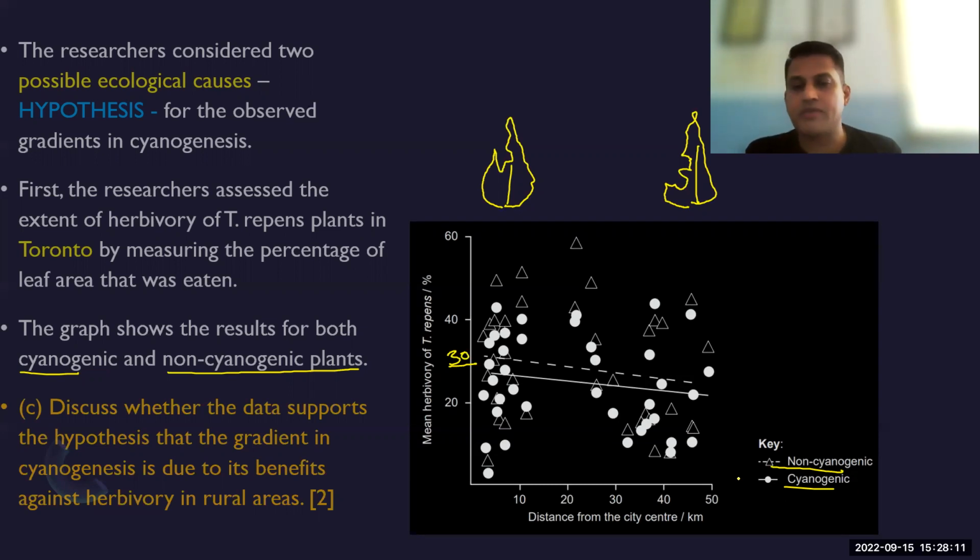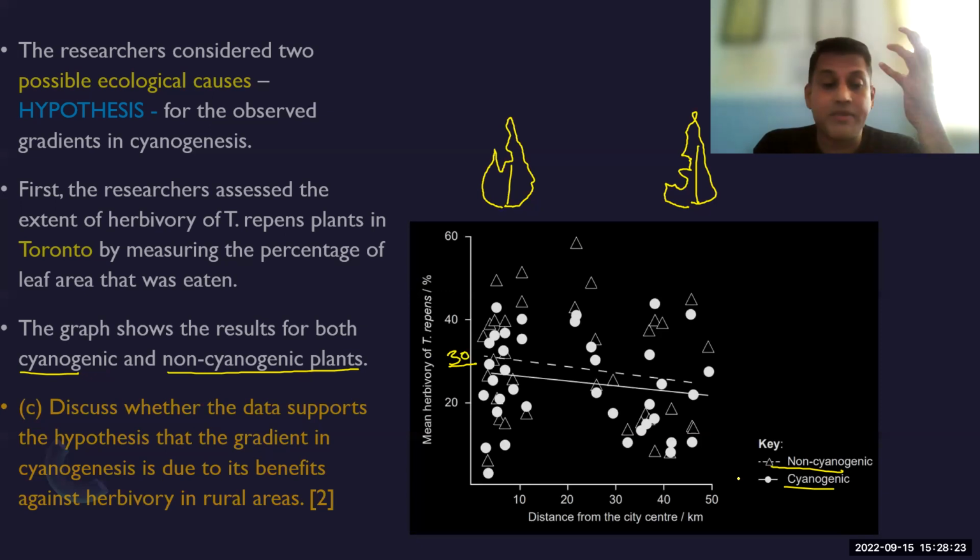So we don't see any difference because it's very close. There's very little difference, and the data is almost overlapping. So we don't see any big difference because herbivores eat non-cyanogenic. Similarly, they also eat cyanogenic according to this result.